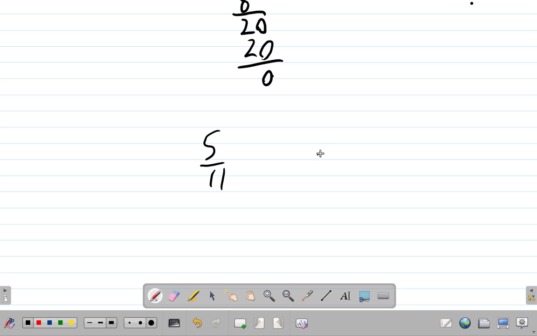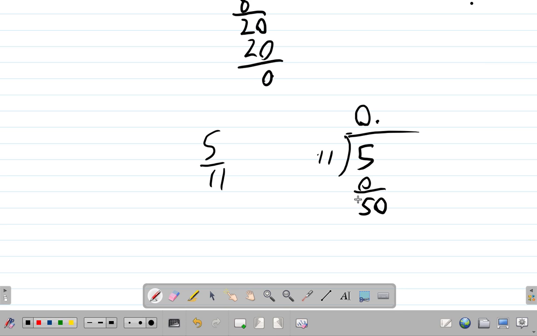So, 11 is dividing into 5. 11 into 5, you can't, so put 0. 0 times 11 is 0. 5 minus 0 is 5. Multiplied by 10, and we have 50.